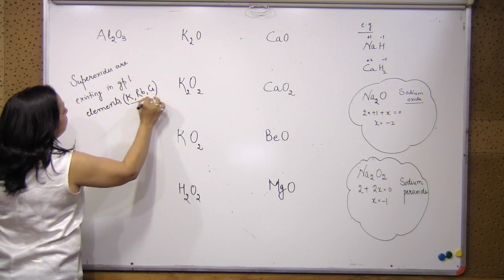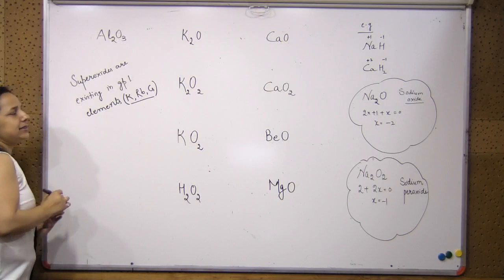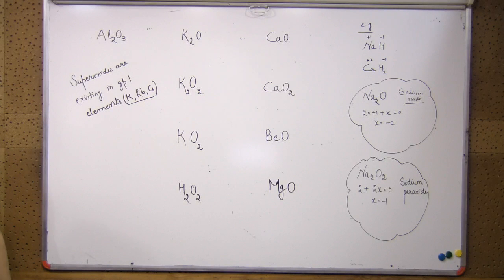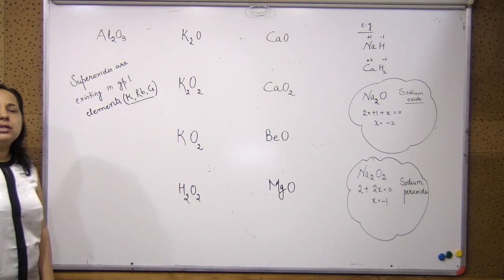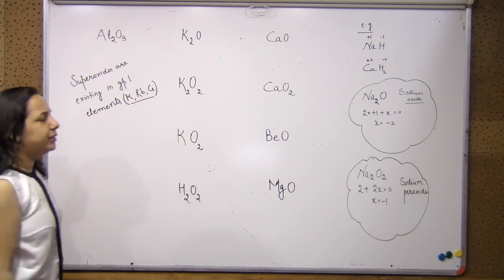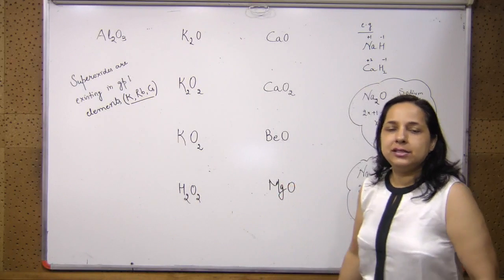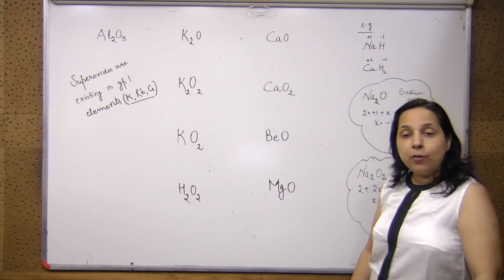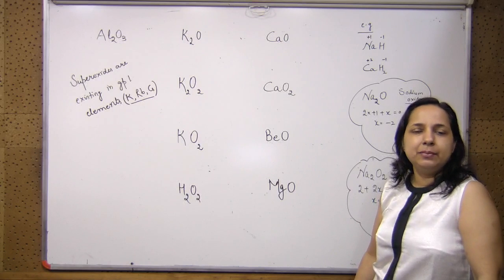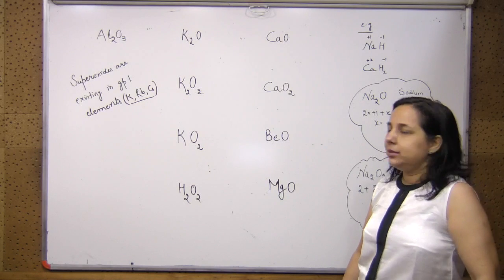These 3 elements can form superoxides. It means the concept of superoxide is very rare, and you just remember 3 elements, 3 superoxides are there: potassium superoxide, rubidium superoxide and cesium superoxide. It means now the major confusion is between oxides and peroxides. Let's check.